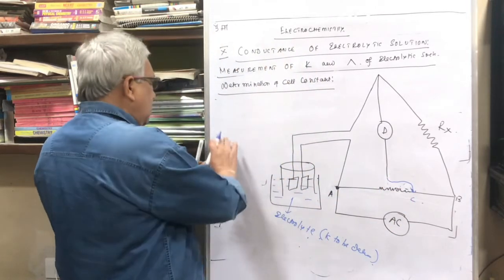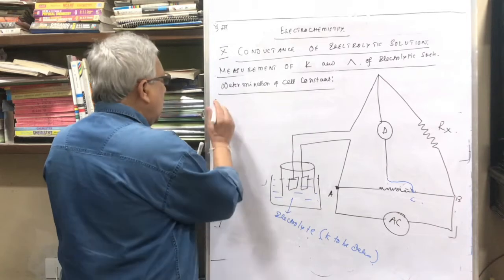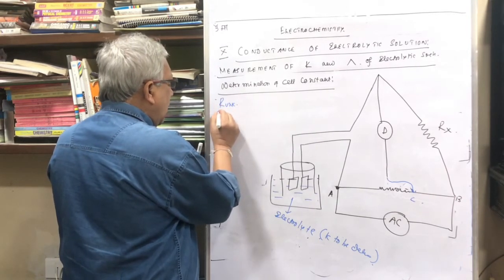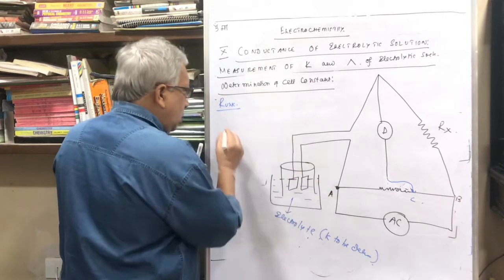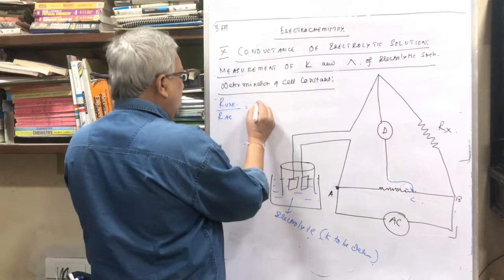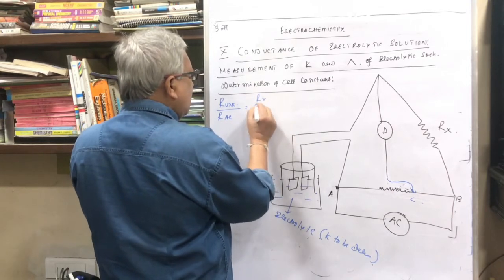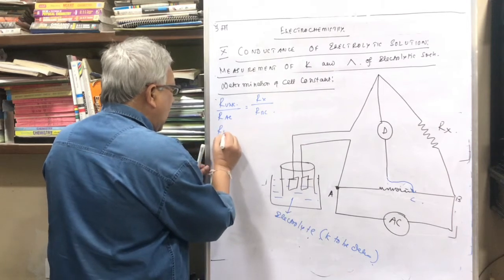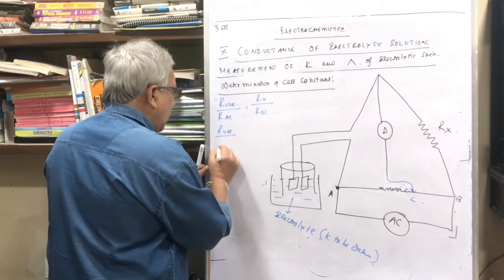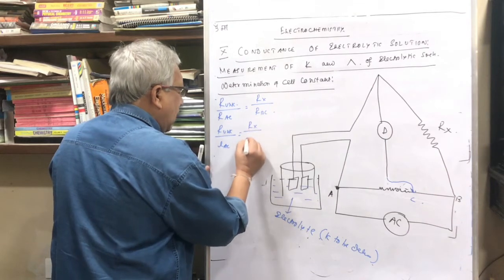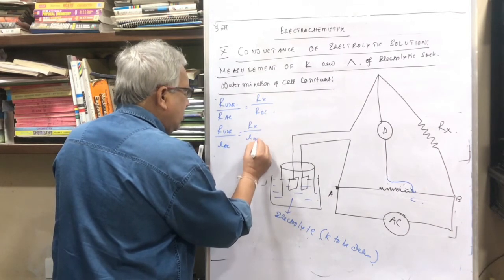Now once again, R unknown upon R AC is equal to Rx upon R BC. So R unknown upon length AC is equal to Rx upon length BC.